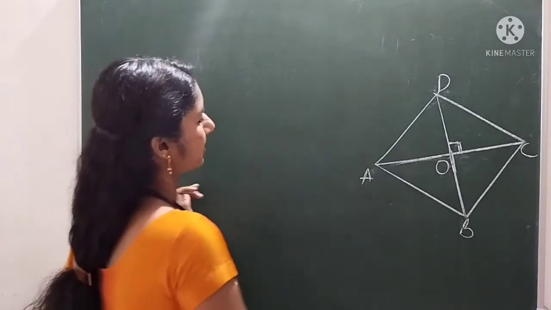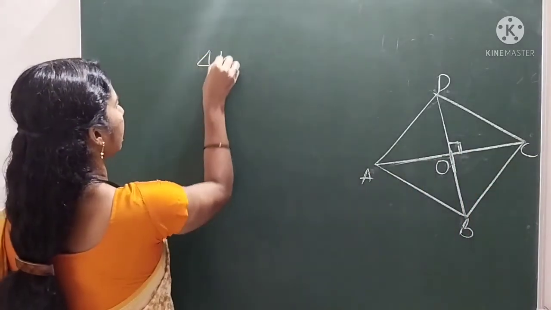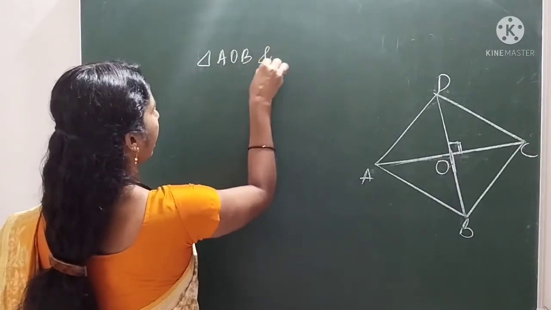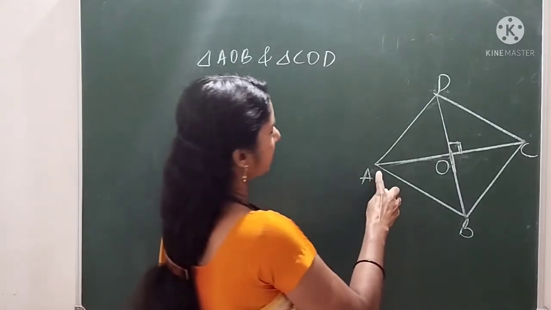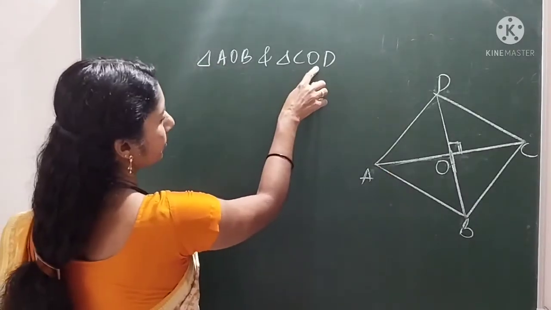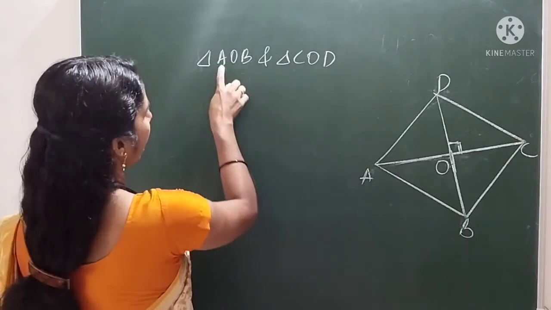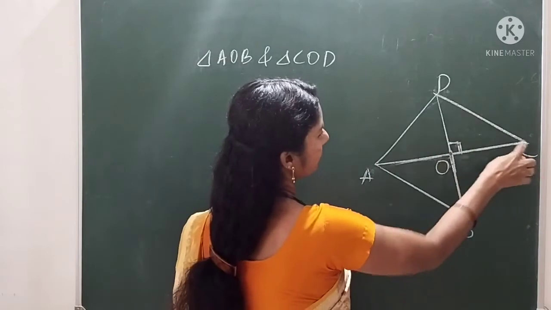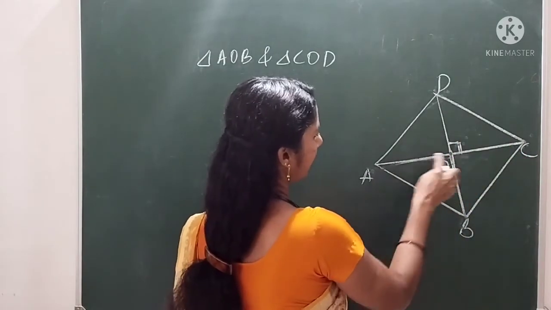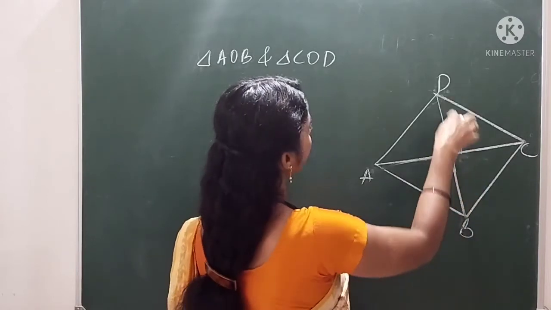So for that we consider triangle AOB and triangle COD. We can write AO is equal to CO, OB is equal to OD, and also angle AOB equals angle COD, 90 and 90.